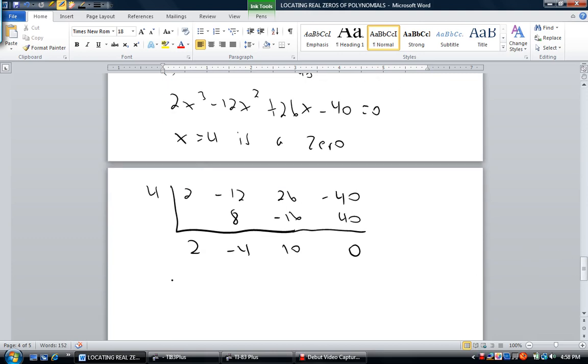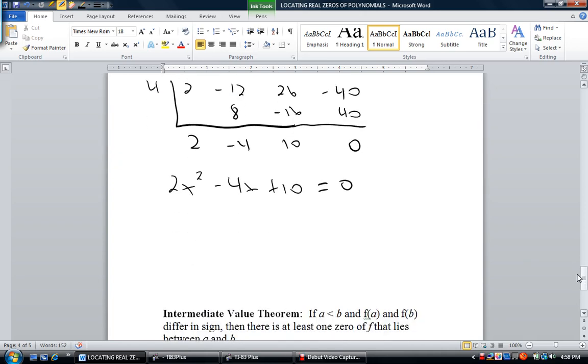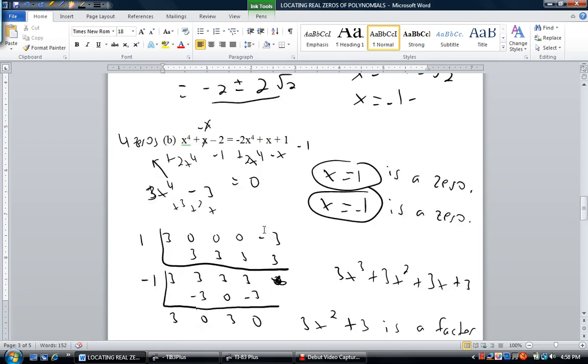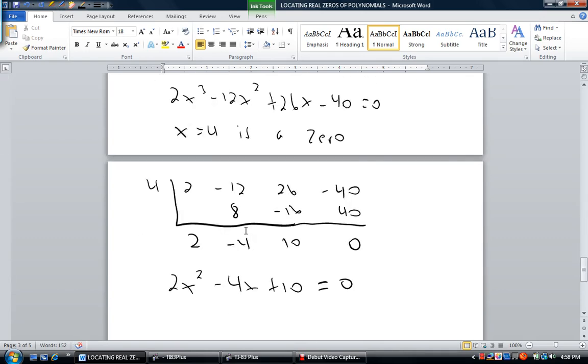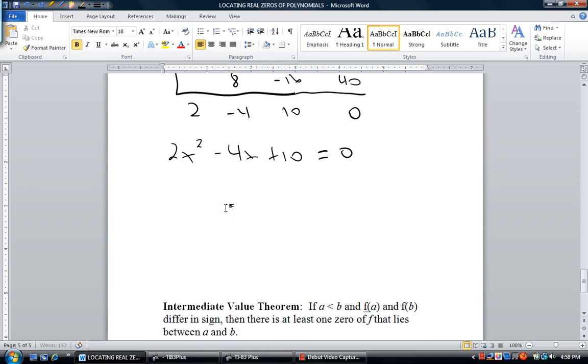So now we have 2x squared minus 4x plus 10. And we need to set that equal to 0 and solve. Now you can go ahead and do the quadratic formula right now if you want to. I personally am not, because I can see something I can do to make it a little bit easier.